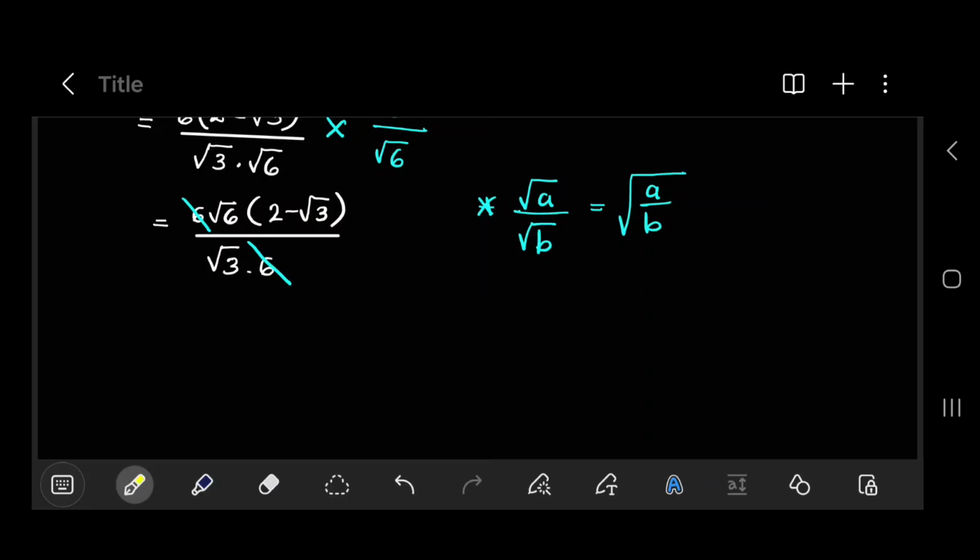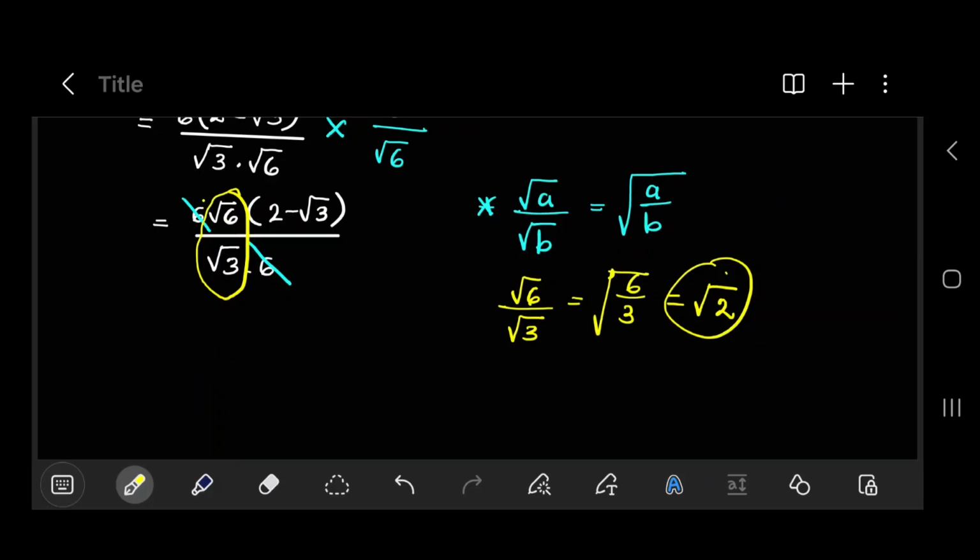If we apply this to square root 6 over square root 3, it's the same thing as the square root of 6 over 3, which actually simplifies to 2. So this part is the same thing as square root 2. So we've got square root 2, and the bracket is 2 minus square root 3.